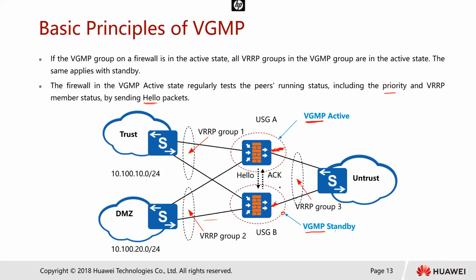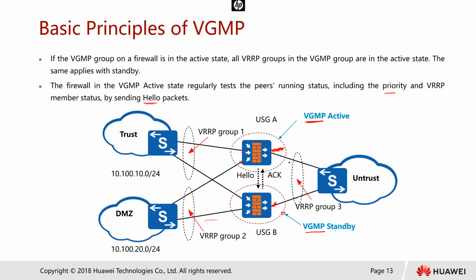So each firewall has an initial VGMP group priority. If an interface or a board of the firewall is faulty, like let's say its interface goes off, or even the motherboard is faulty, maybe it keeps coming on and off, then the priority on the firewall starts decreasing, right? It starts decreasing.